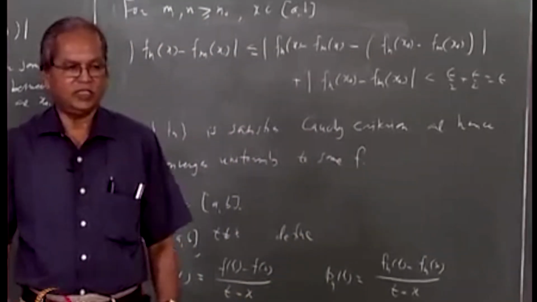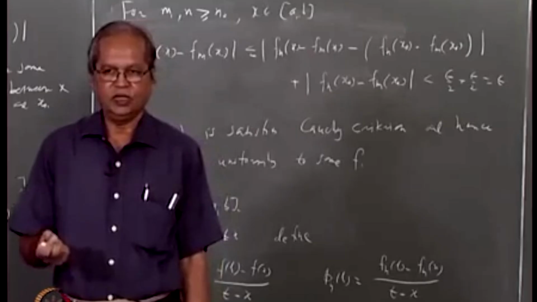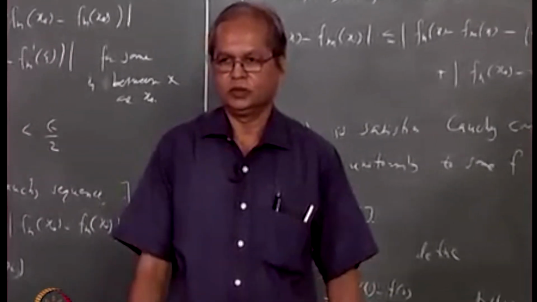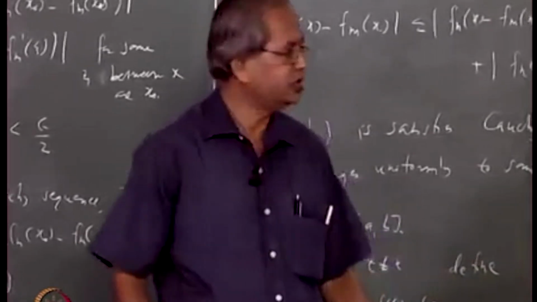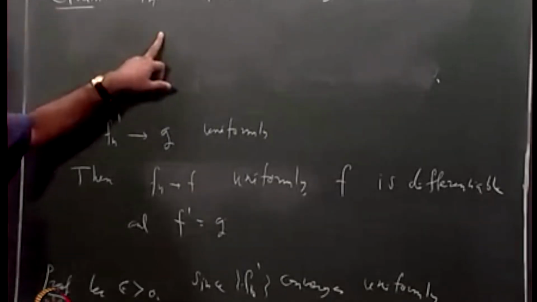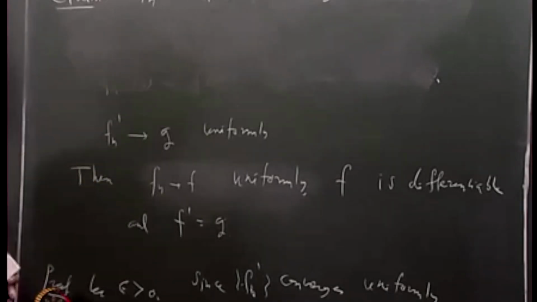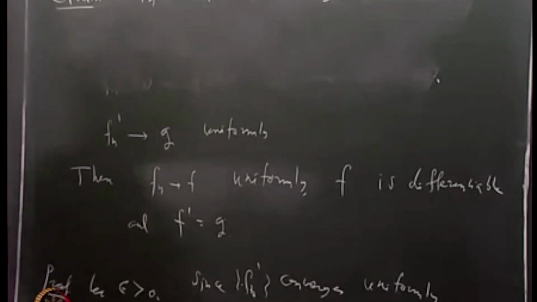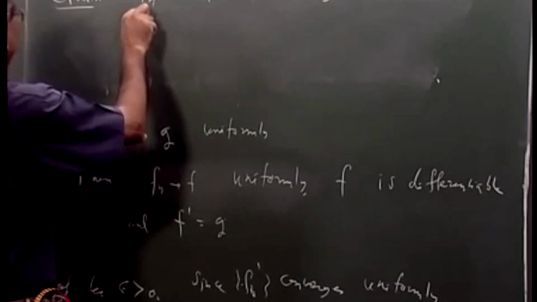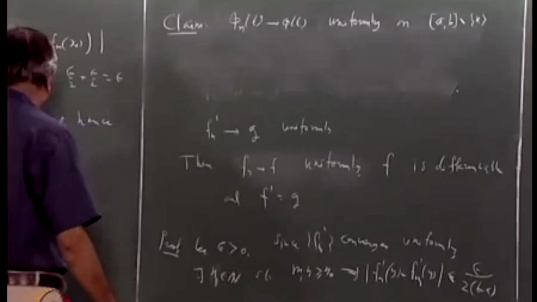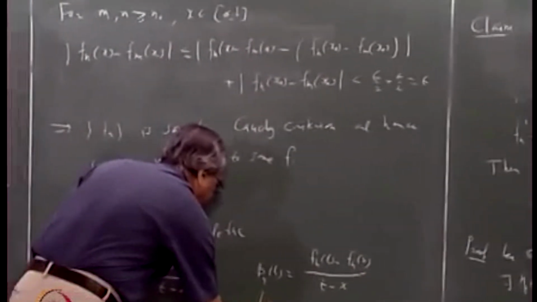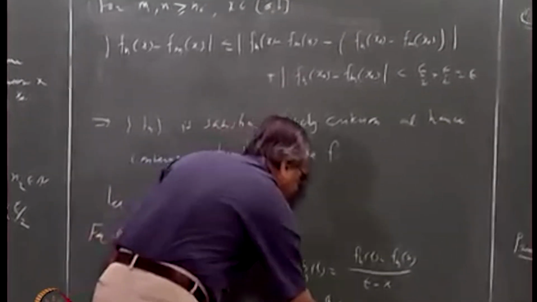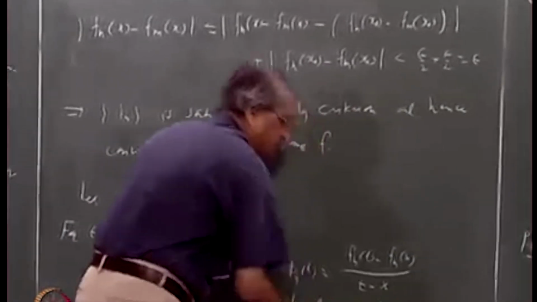We had said that if fn converges to f uniformly on E and x is a limit point, then the limit of fn(t) as t tends to x goes to the limit of f(t) as t tends to x. So suppose this claim is proved. Then the limit of phi n(t) as t tends to x is nothing but fn prime(x).